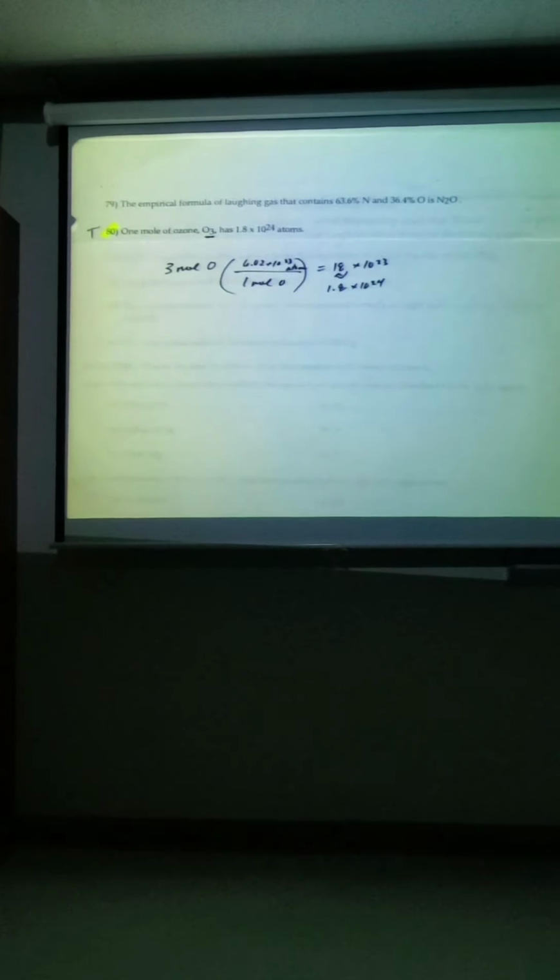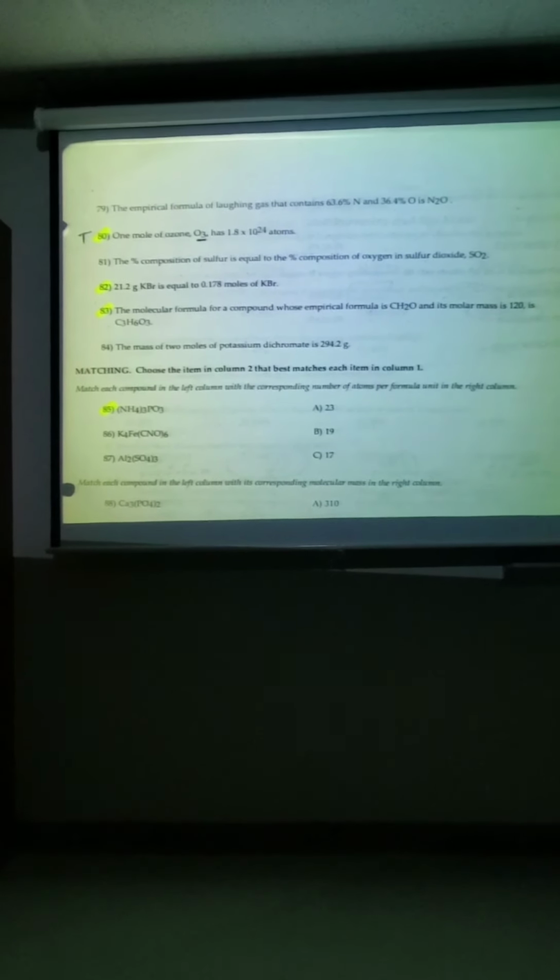For every 1 mole of anything, oxygen included, there are 6.02 times 10 to the 23rd atoms. So 3 times 6 is 18. Times 10 to the power 23, but that's not in proper scientific notation. You need to move that back, and that's going to be 1.8 times 10 to the 24th, which is what they have, so true. So far, so good on that one.